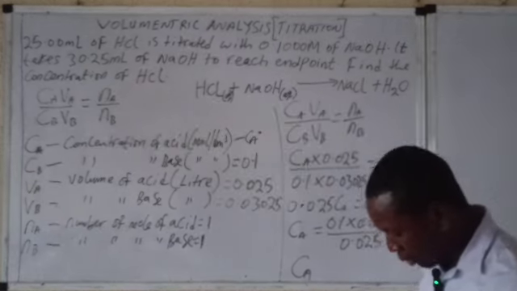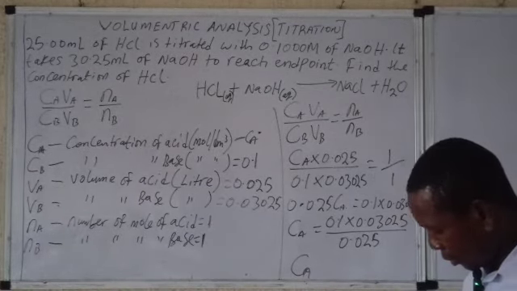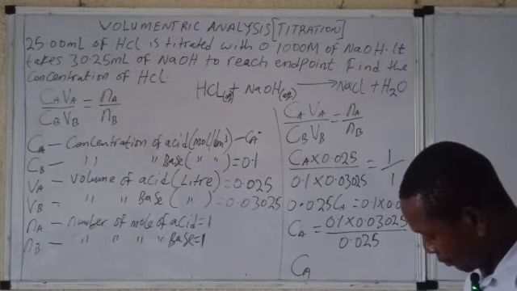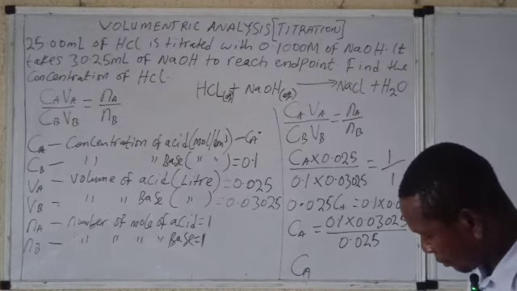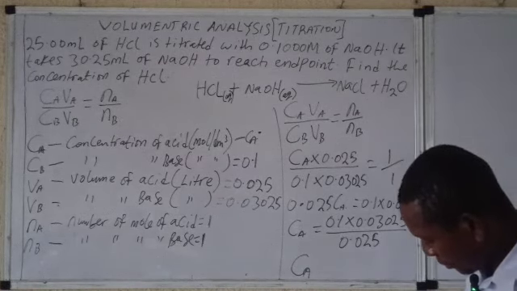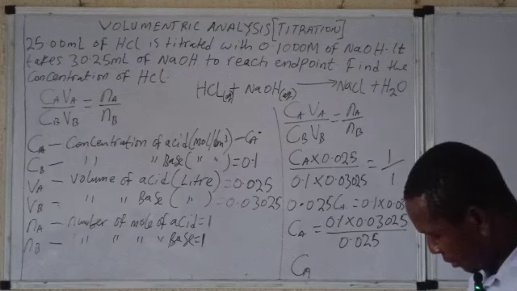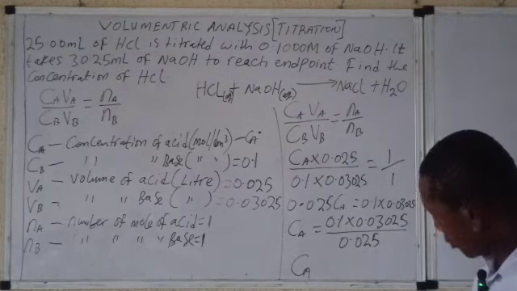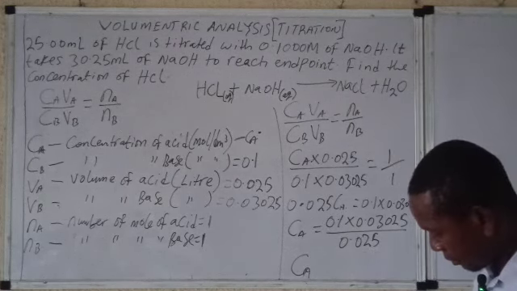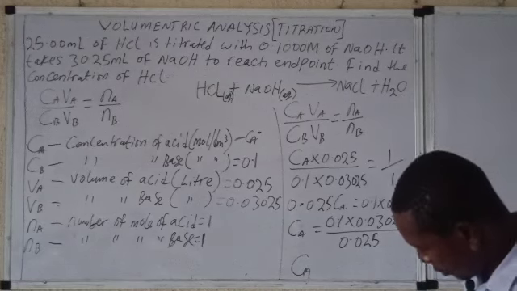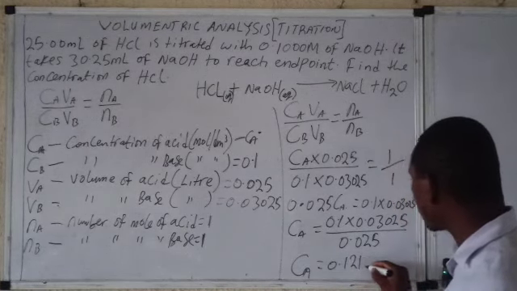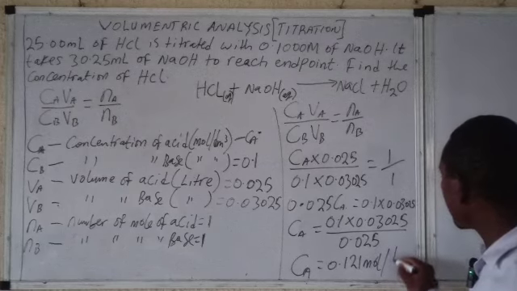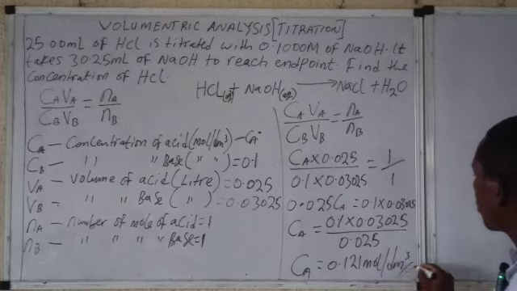You can now use your calculator to do that. 0.1 times 0.03025 divided by 0.025. The answer is equal to 0.121 mole per dm³. So this is the answer.